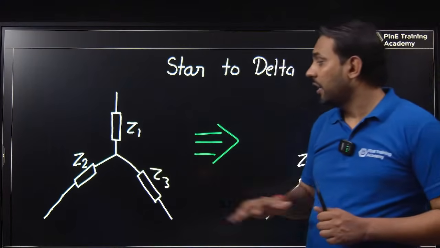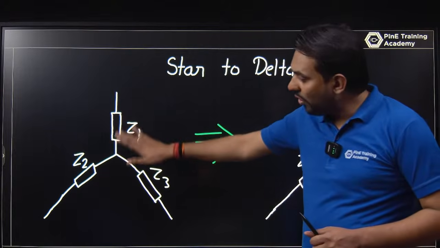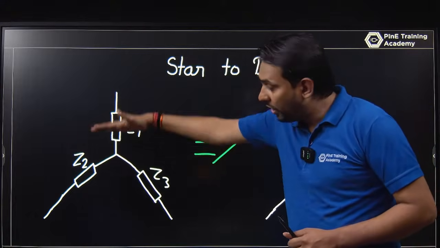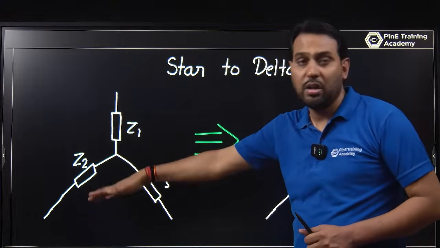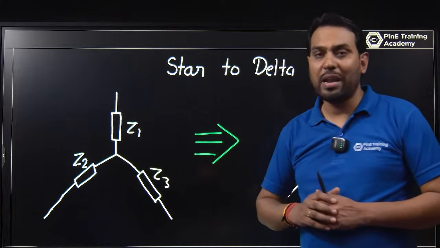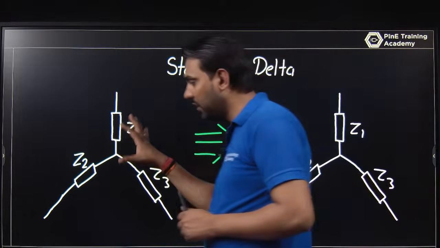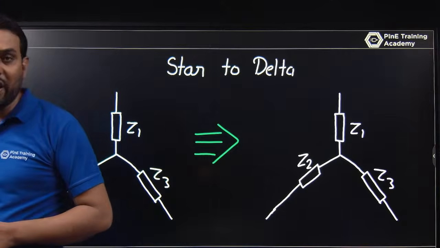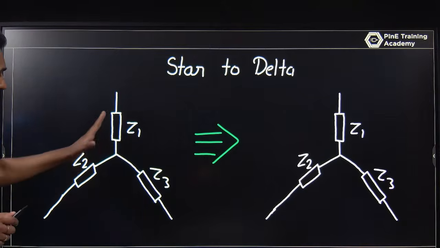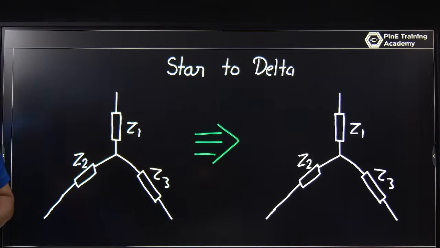So this looks like a star, or you can say it looks like a T, in a rotated version. Whenever you have a circuit presented this way, we will solve questions on that. You have 3 terminals connected this way, so you can convert it into a delta.